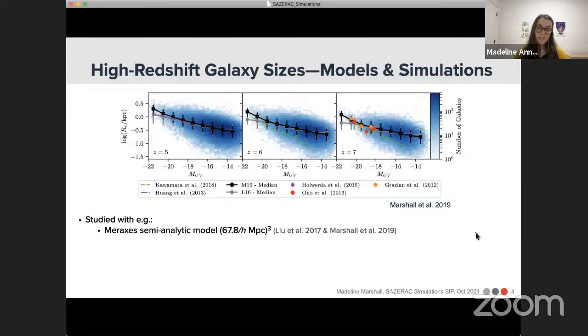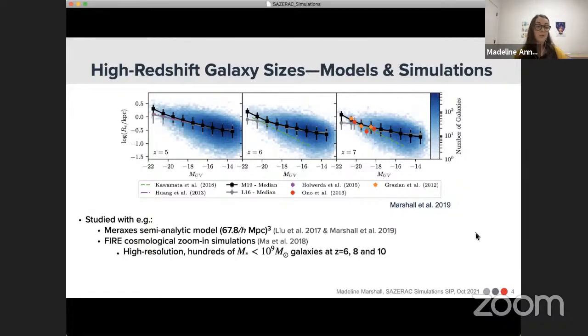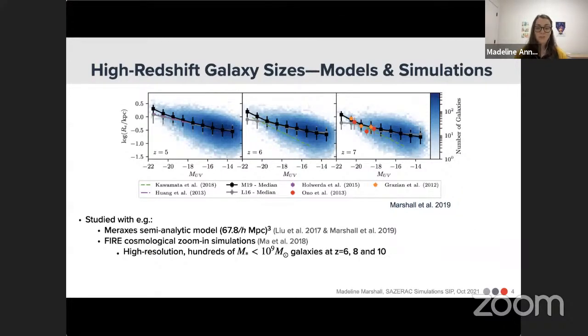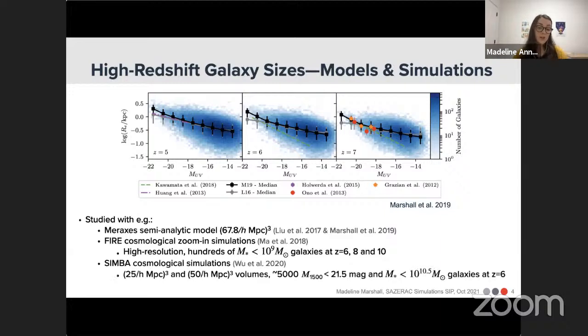This has been done in the past, in particular with cosmological zoom-in simulations. Ma et al. studied hundreds of quite faint galaxies at redshift 6 through 10 with very high resolution. And to look at a much larger sample, it's also been studied using the SIMBA cosmological simulations by Wu et al. 2020, who studied 5,000 galaxies that are much brighter at redshift 6.